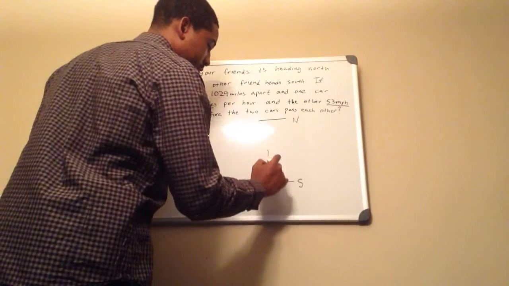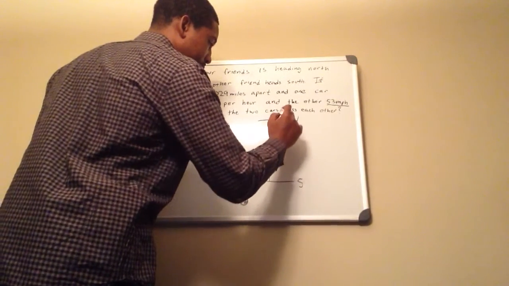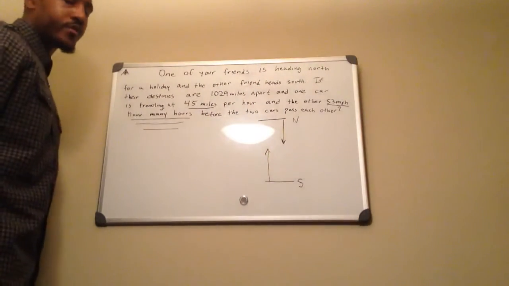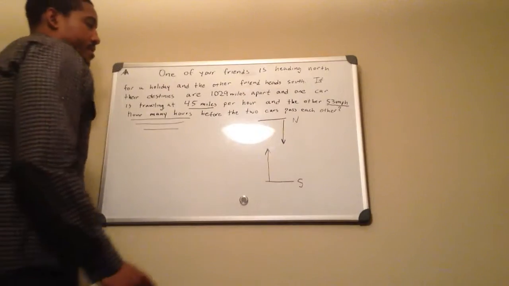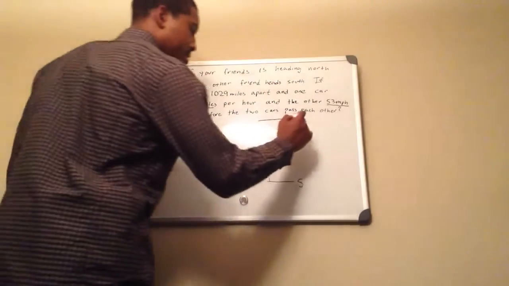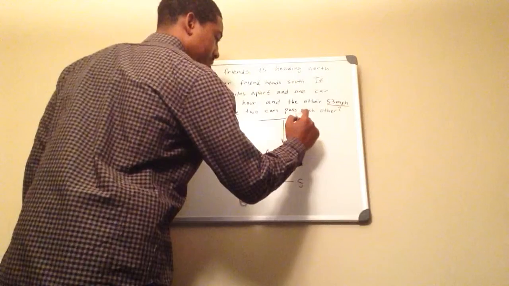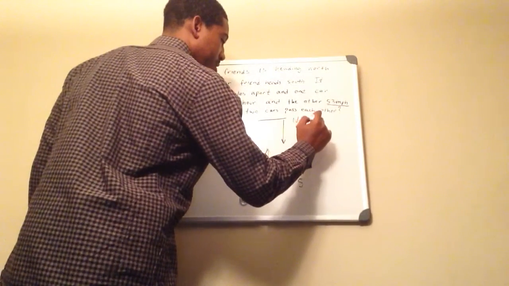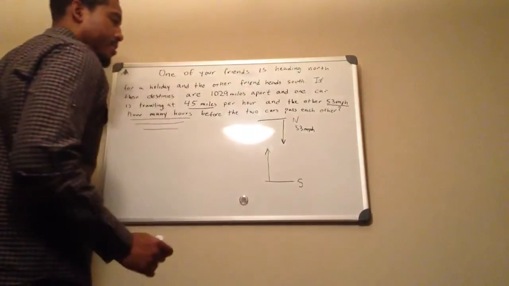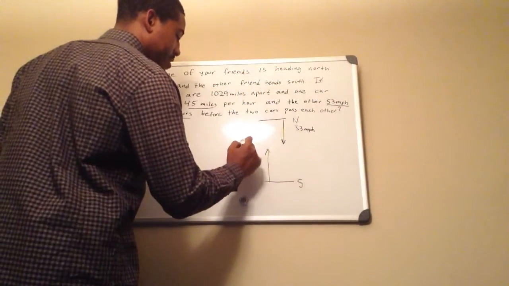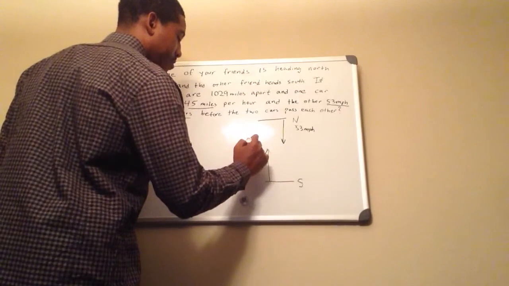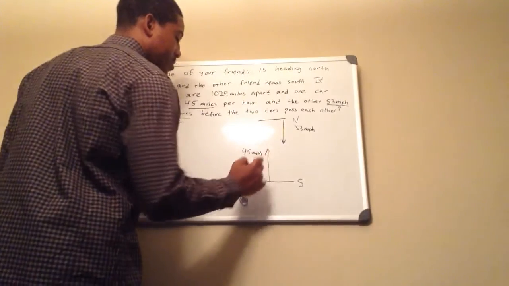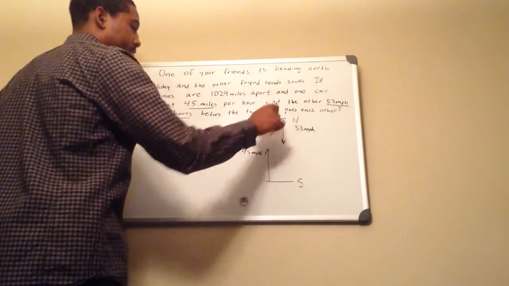They are traveling to a common place in opposite directions. So let's say that the north friend is traveling at 53 miles per hour and the south friend is traveling at 45 miles per hour, traveling toward each other.